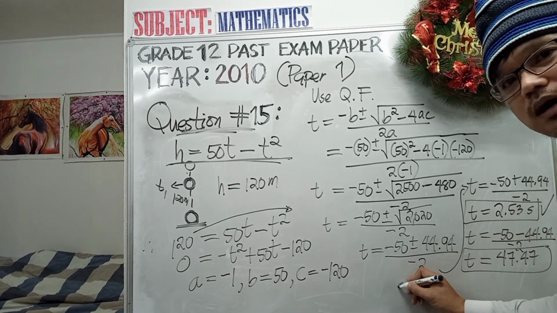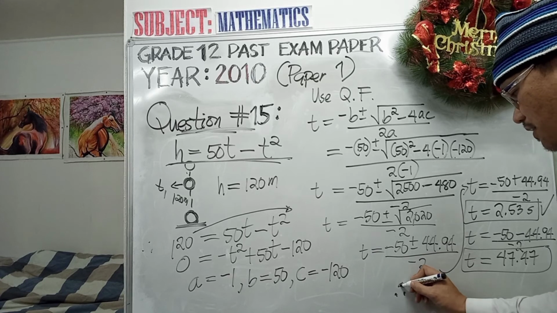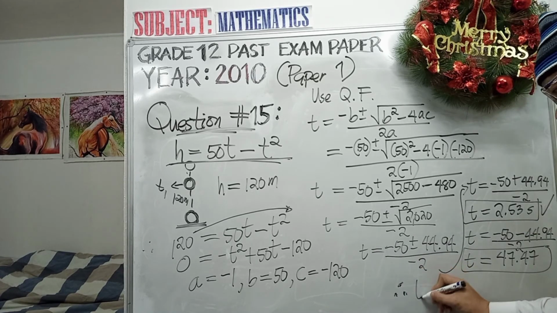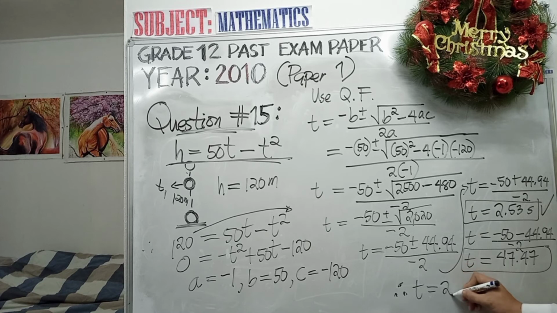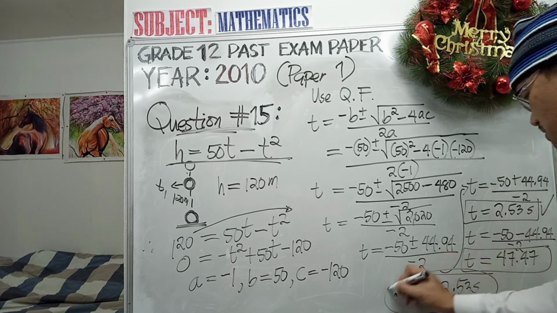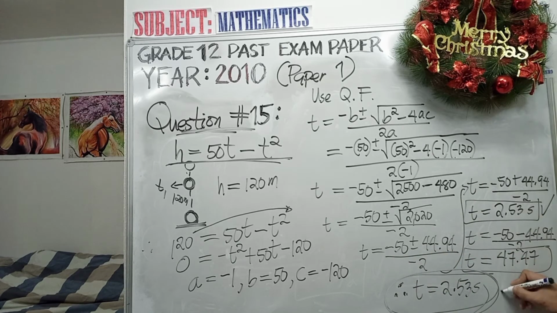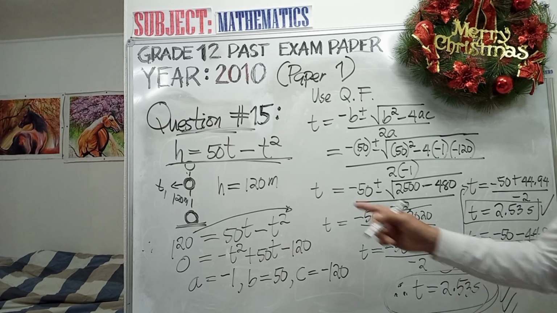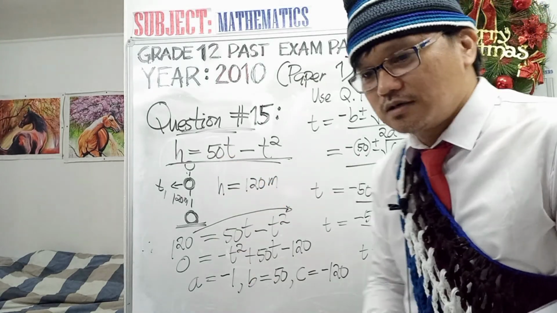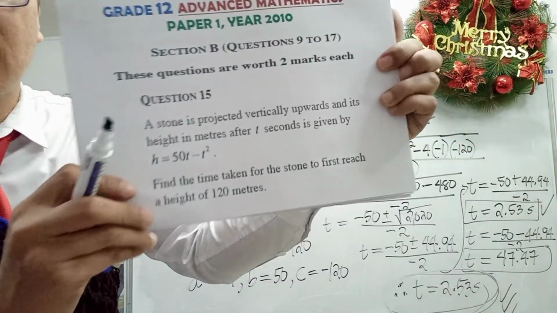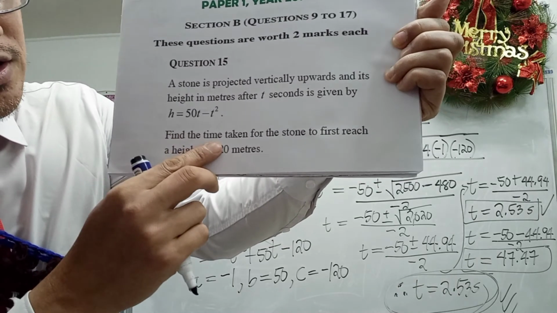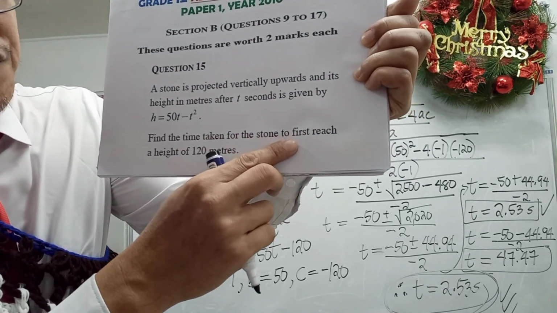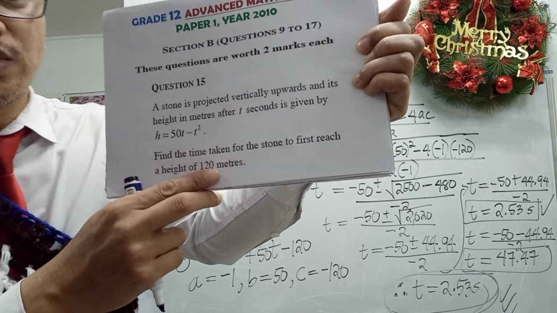Therefore, the one that you are going to write in your answer sheet is that time is equal to 2.53 seconds. The reason why the answer is 2.53 seconds and not 47.47 is because of the question here that says, find the time taken for the stone to first reach a height of 120 meters.